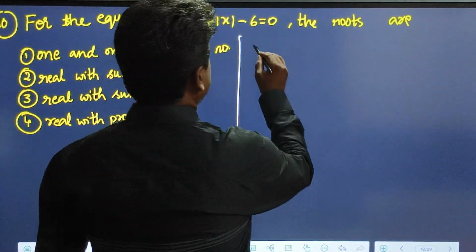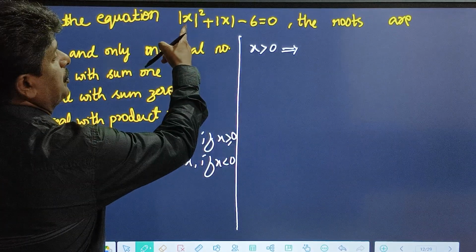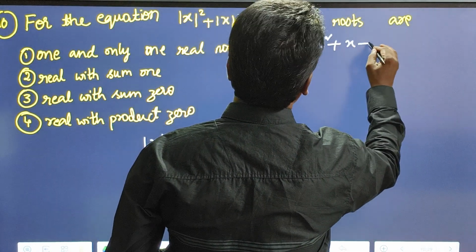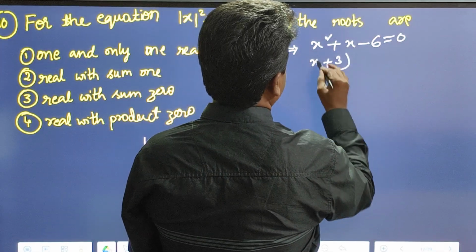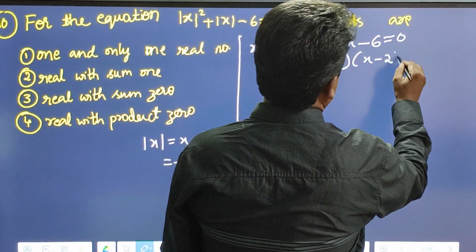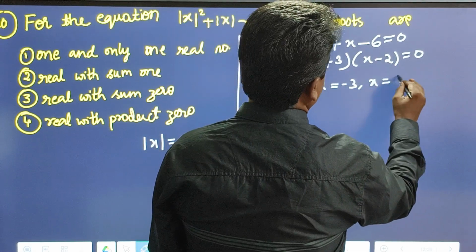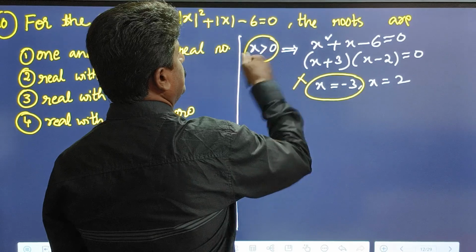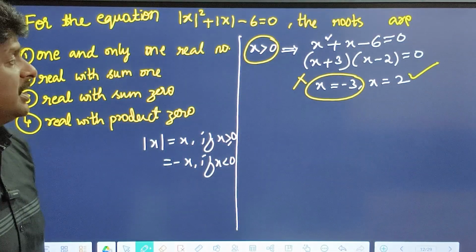That's why in case of x greater than 0, the equation changes to x square plus x minus 6 equals 0. Factorization: (x plus 3) into (x minus 2) equals 0. Roots are x equals minus 3, x equals 2. Minus 3 is ruled out because of x greater than 0. Therefore, one of the roots is 2.